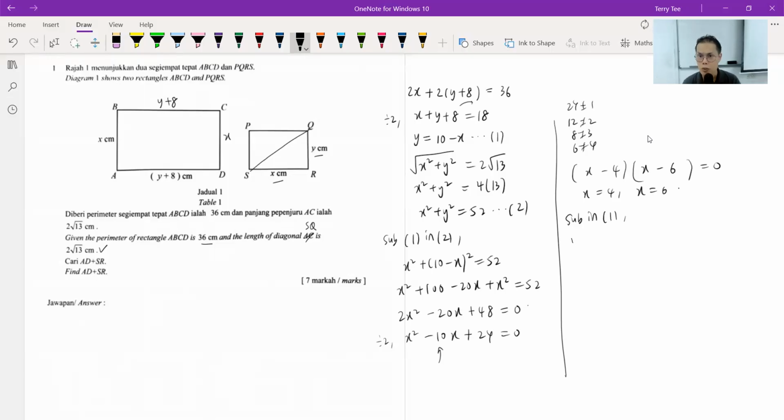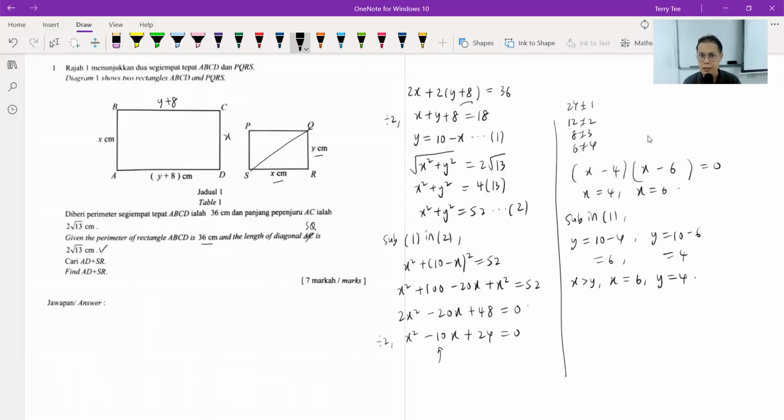So y is now 10 minus 4, which is 6, or y is 10 minus 6, for the 2 answers. Since x is a length, x should be 6, because x is greater than y. So x is 6, y is 4.